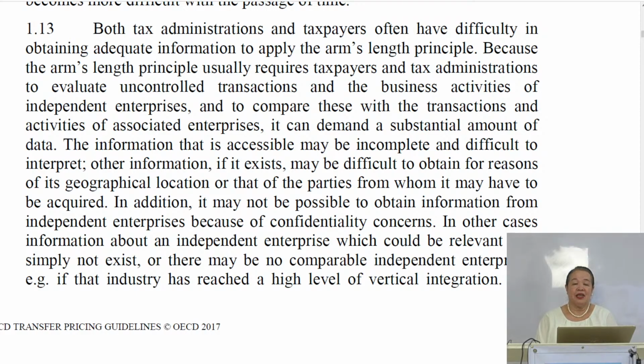Transfer pricing analysis really requires a lot of data and information before you can have comparability analysis, no? So that's why there are many accountants or people in the tax authority that do not want transfer pricing because according to them it's difficult, no?